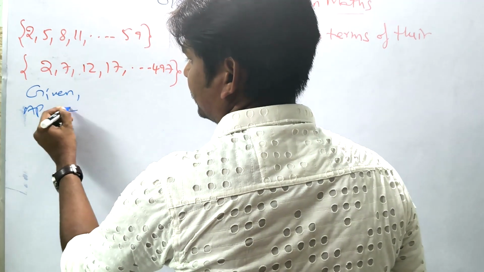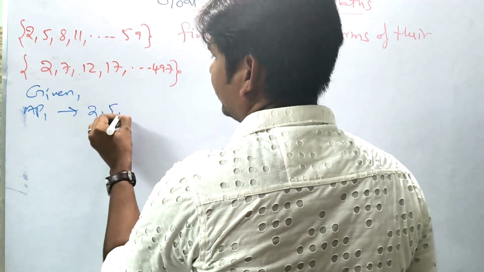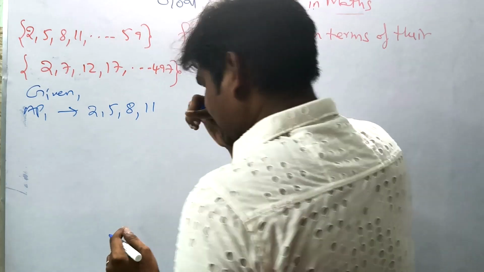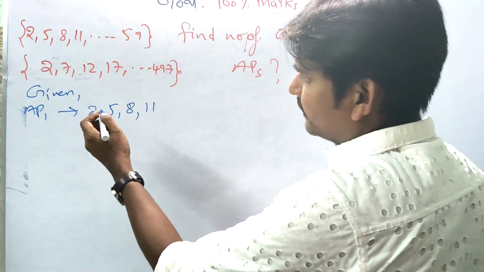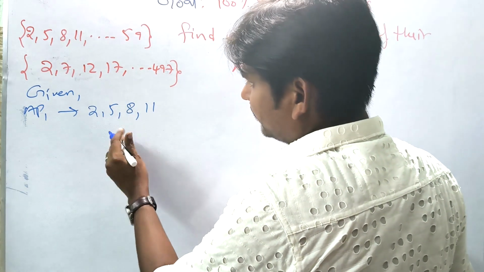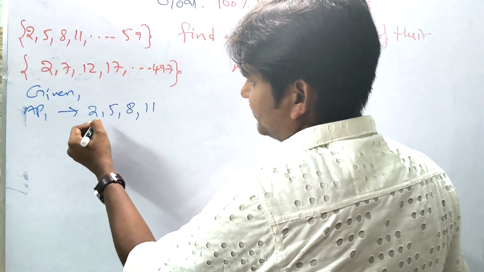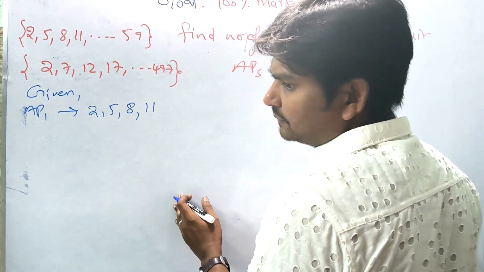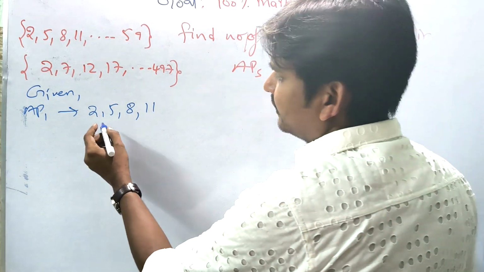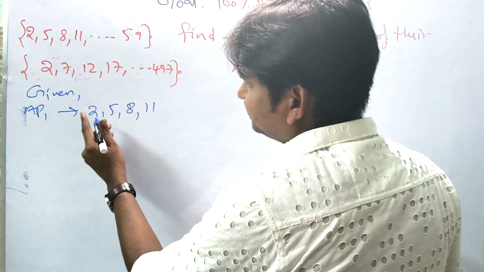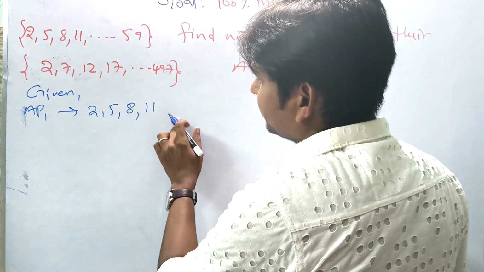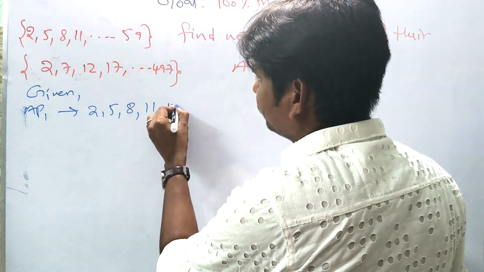Given information: AP1 is 2, 5, 8, 11. If you observe carefully here, what is d? T2 minus T1, 5 minus 2, which is plus 3. So the next term: if you add plus 3 to 11, you will get 14.